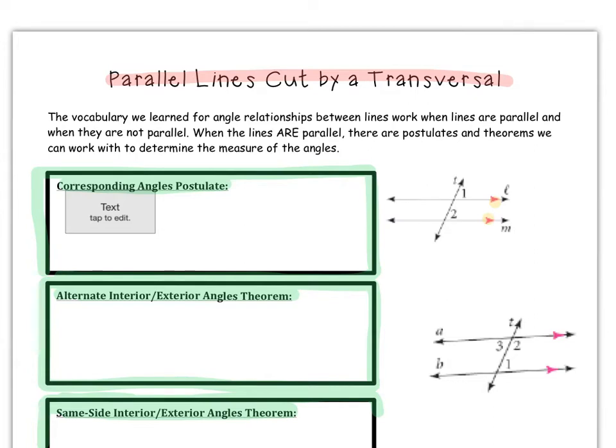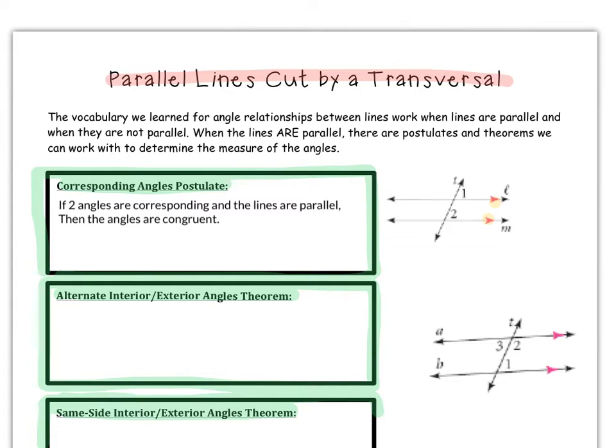The first postulate, the corresponding angles postulate, says if two angles are corresponding and the lines are parallel, then the angles are congruent.